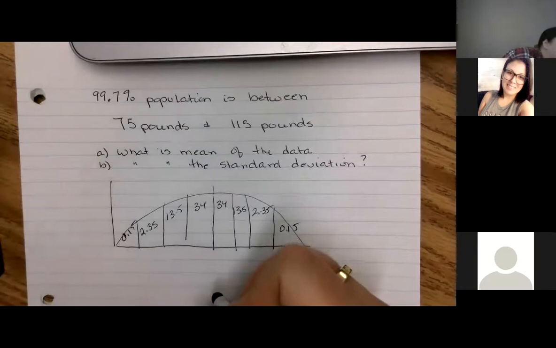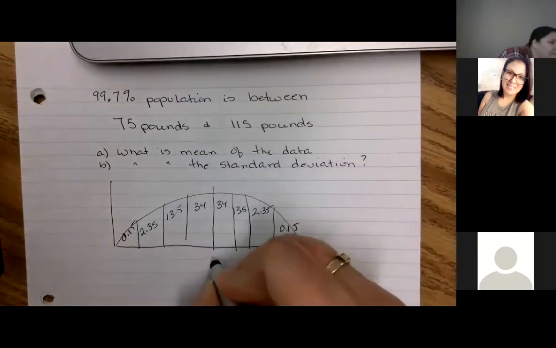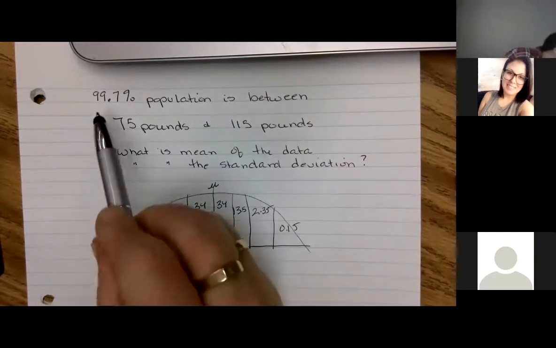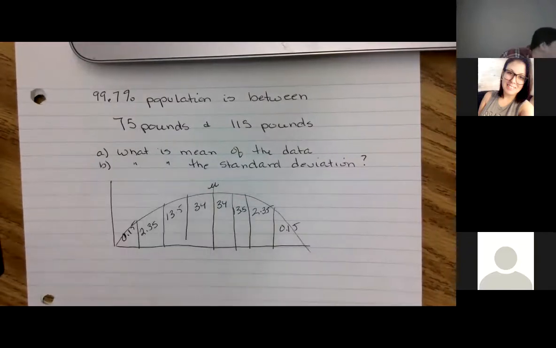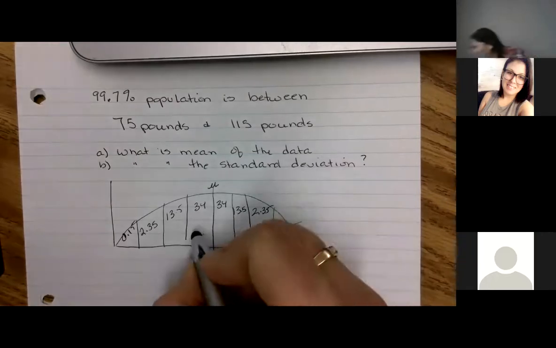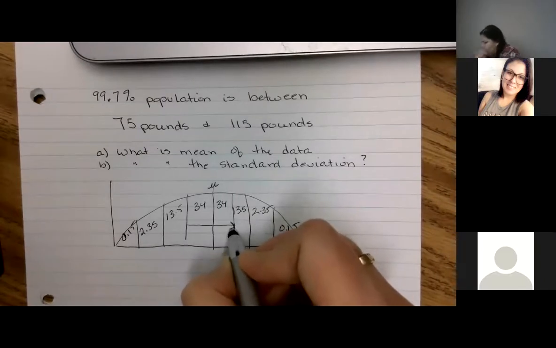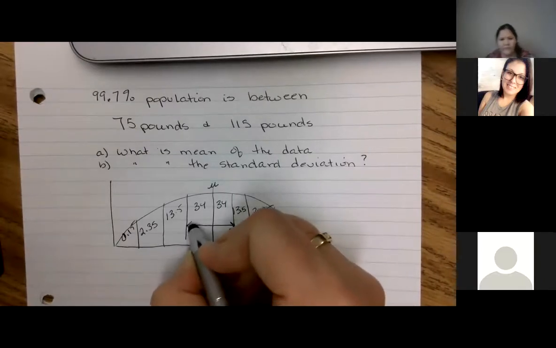Okay, in the middle. Anyway, back to work here. So this, I don't know what it is, but it's in the middle. Does this look familiar to anybody? The 99.7. How much data is within one standard deviation of the mean?